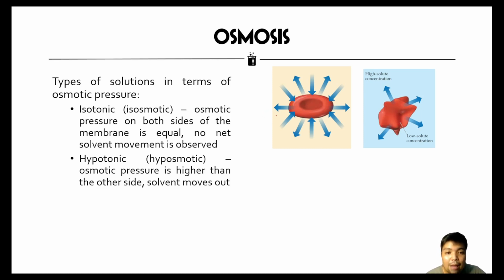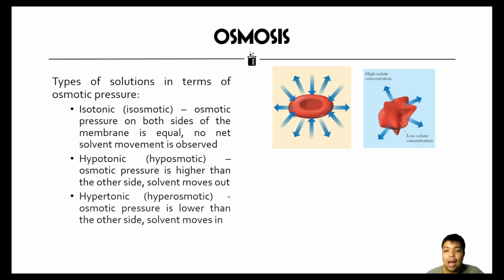So what will happen is that, in order to address the concentration gradient, water molecules inside the red blood cell will move out of the red blood cell so that the concentration becomes equal on both the inside and outside of the red blood cell. As a result, your red blood cell will shrink or wrinkle.